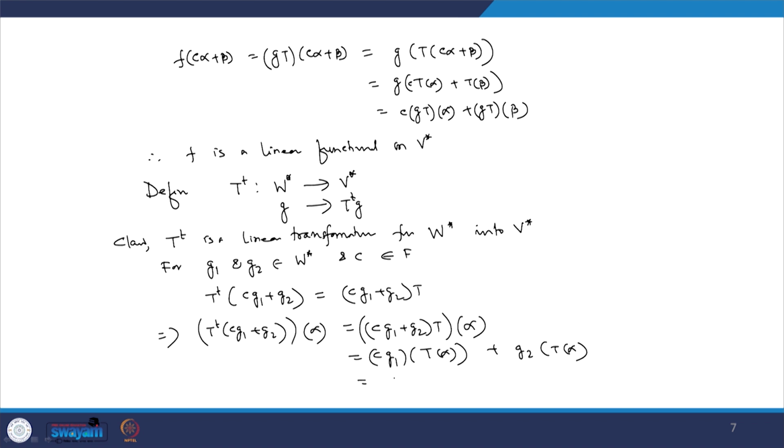So, this is equal to C times G1 of T alpha plus G2 of T alpha. So, this implies what? This implies T t of C G1 plus G2 is equal to C times T t of G1 plus T t of G2.